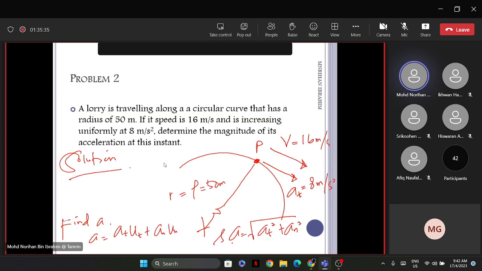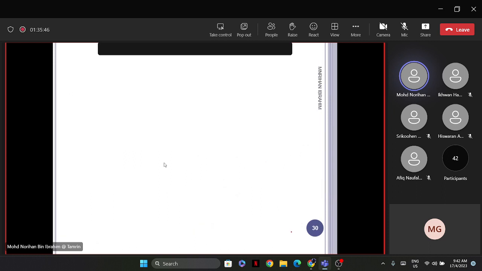In this case, AT is given, AT is equal to 8 meters per second squared. So what you need to do is find out what AN is. AN we do not know, so you need to find it first.